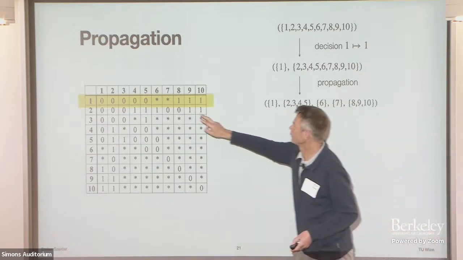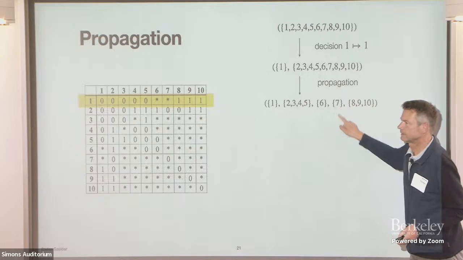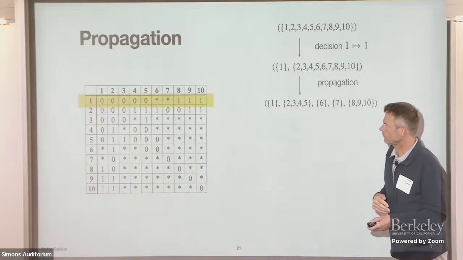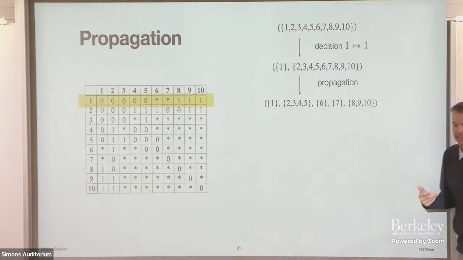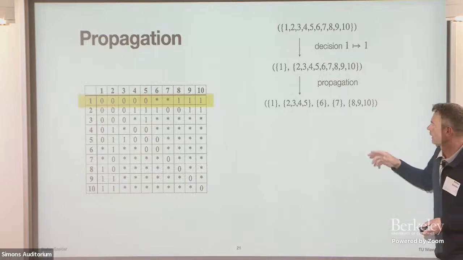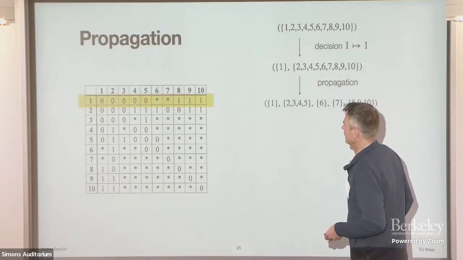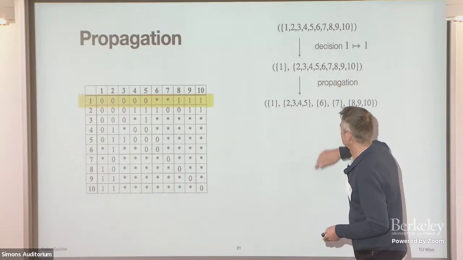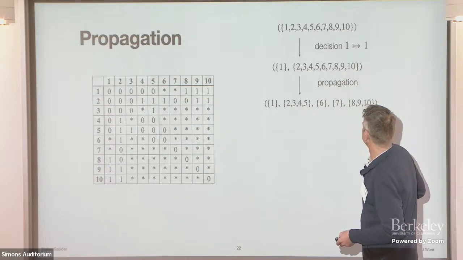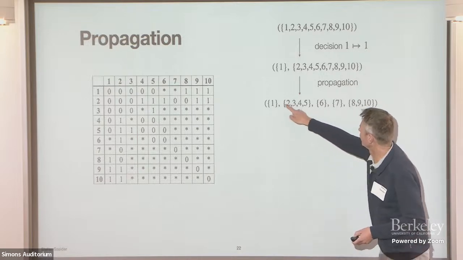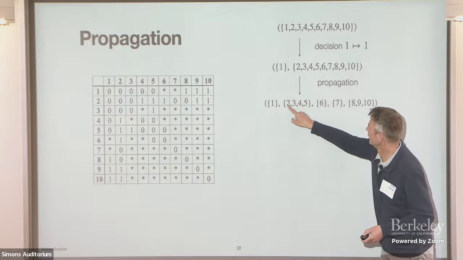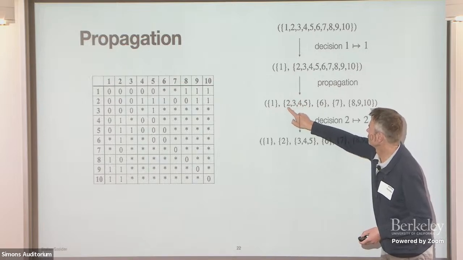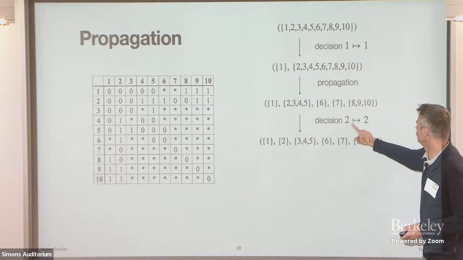And those that we don't know, we can fix, because they can't be stable, and therefore kind of an adversary can always come up with a way of deciding these edges so that the ordering is not minimal anymore. So we have this propagation, and then we go on. Now the next thing, we want to split this set here. The first possible choice would be to decide 2 is mapped to 2.